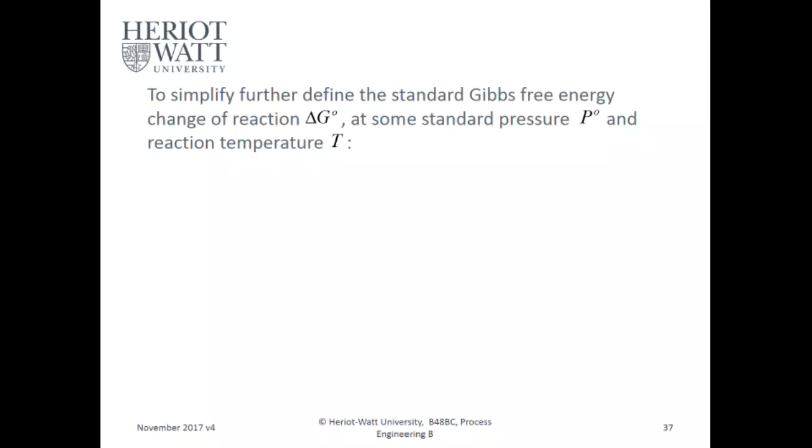To simplify further, define the standard Gibbs free energy change of reaction, delta G0, at some standard pressure P0 and reaction temperature T. Therefore, the change in G0 equals the products plus the reactants. You've seen that before: products are positive, reactants are negative.